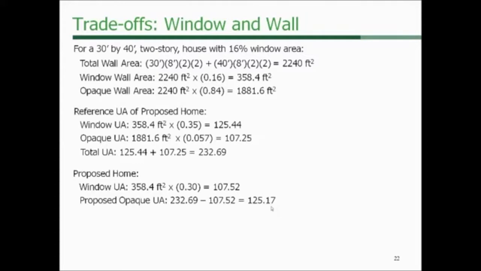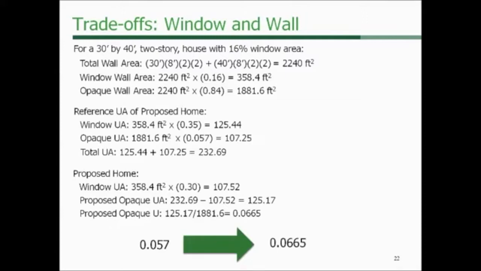So that's my opaque UA, and I find its new U value just by taking its UA divided by A. So 125 divided by 1880 gives me 0.0665. In essence, I've changed that 0.057 into a 0.0665 just by going to an Energy Star window.